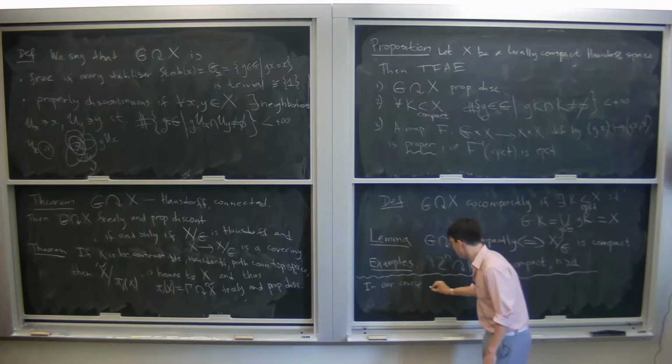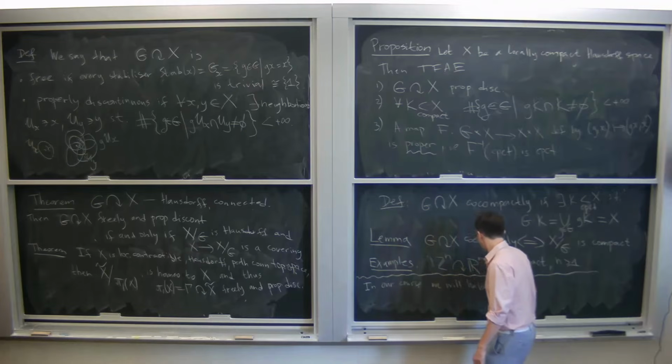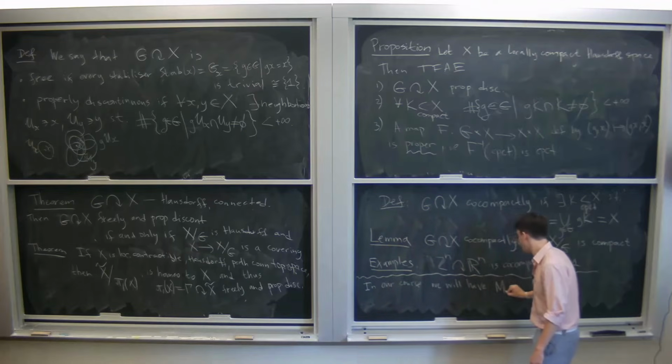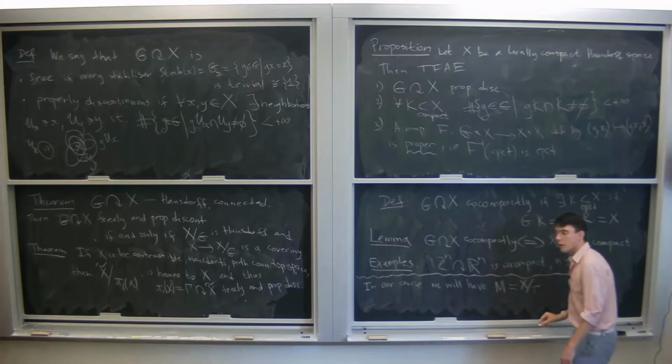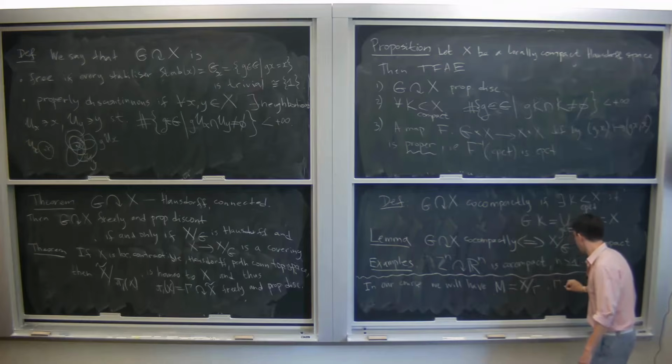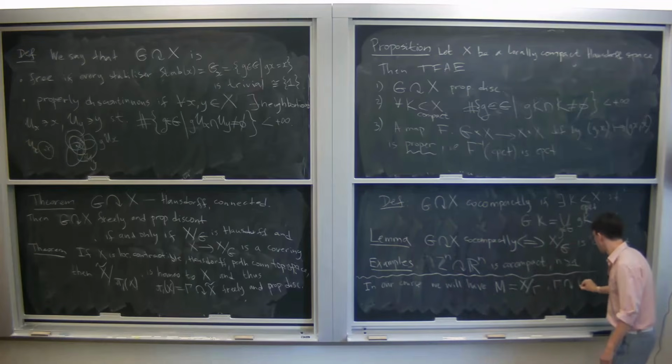We will have M, the quotient X mod gamma, where gamma acts on X properly discontinuously by isometries.